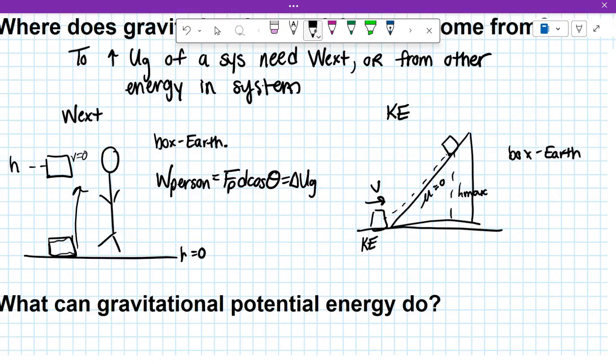Initially there was kinetic energy, and then here, when we're at rest, we have stored potential energy in the box Earth system. So where did this potential energy come from? Well, it came from kinetic energy converting to potential energy. Now, if the system is frictionless, the initial kinetic and final potential should be equal. If there is friction, we're going to lose some energy along the way, so the initial kinetic should be slightly larger. Again, we'll talk more about that energy conservation as we go through.